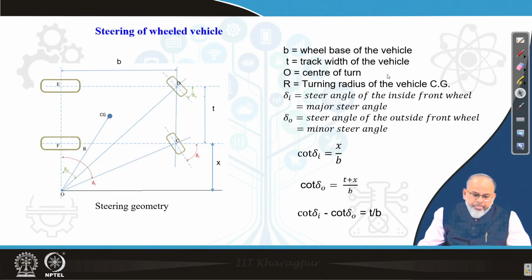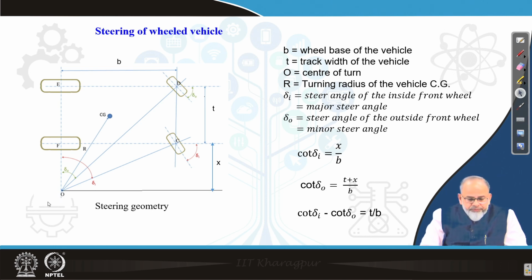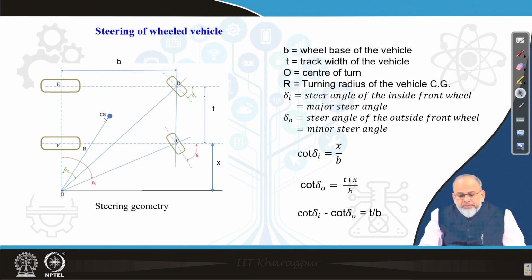of a vehicle. I have indicated a 4-wheel vehicle where the front wheels are steered, and if I draw perpendiculars to all these wheels, they will meet at a point O, the center of rotation. I have connected O with the CG of the vehicle, indicated as R, which is the turning radius.